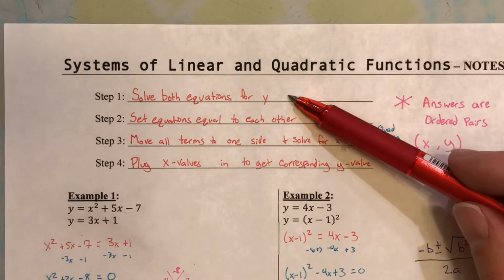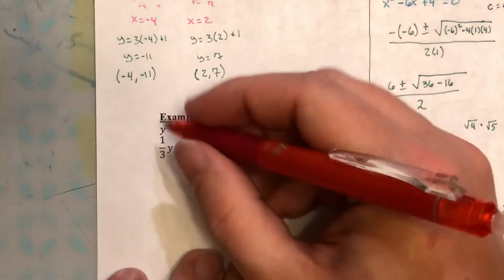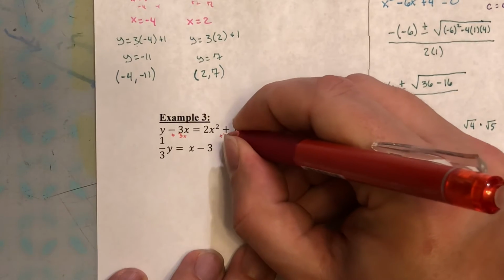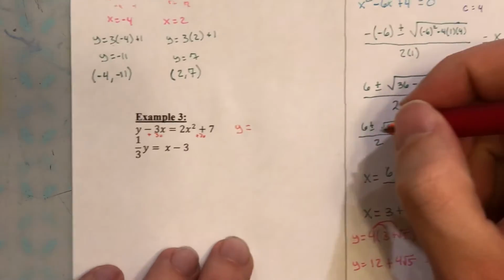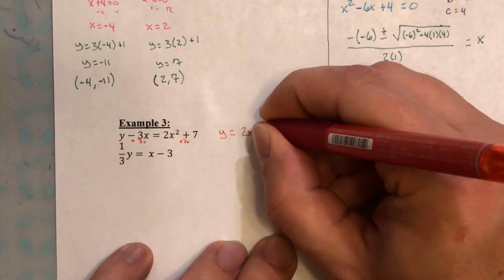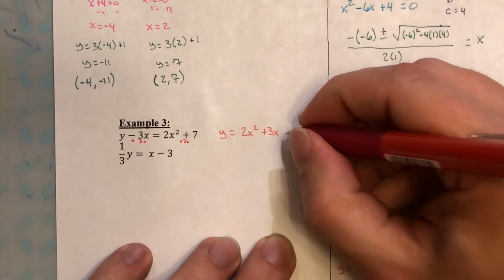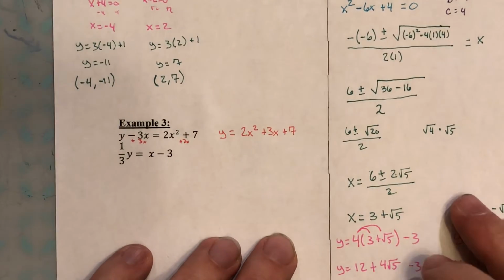We need to solve both of the equations for y. This first one, I just add 3x to both sides. So I get y equals 2x squared plus 3x plus 7.